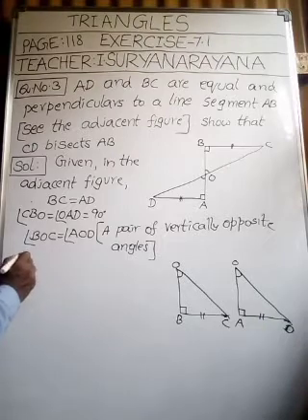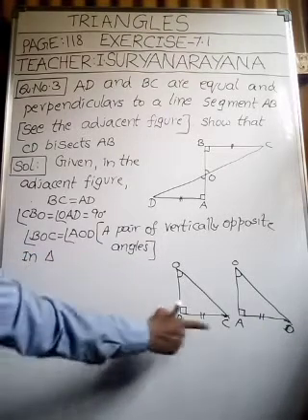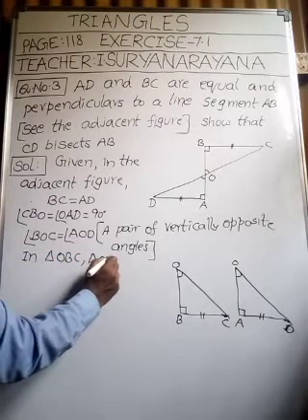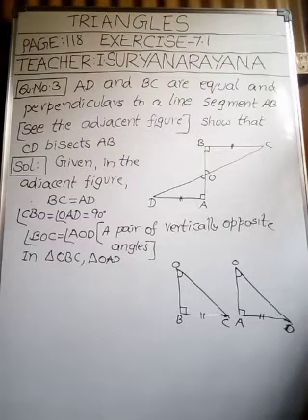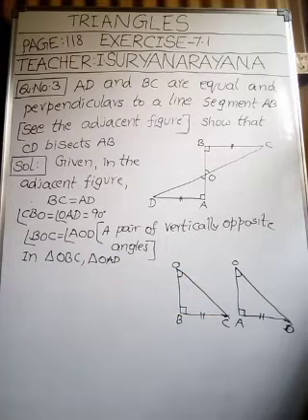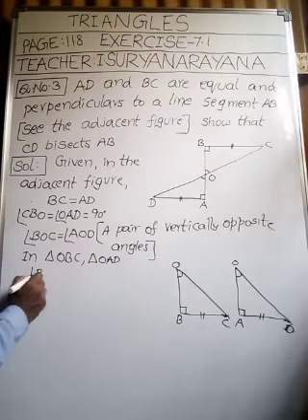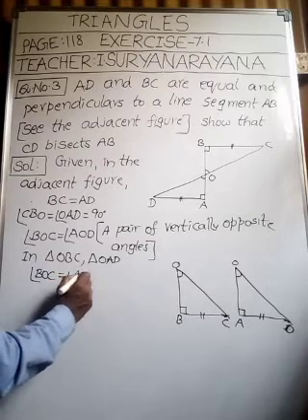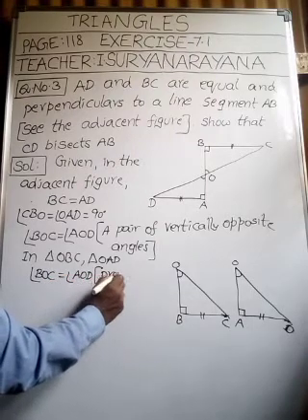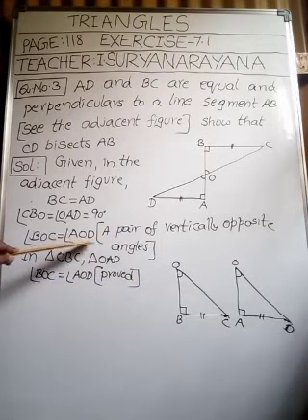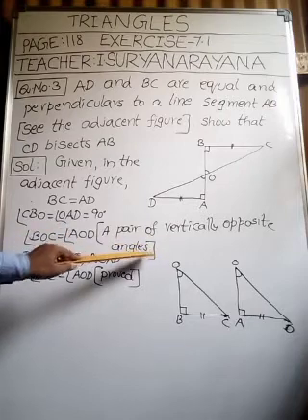So in triangle OBC, triangle OAD, what is given here? Angle BOC is equal to angle AOD. We have proved here angle BOC is equal to angle AOD because they are a pair of vertically opposite angles.